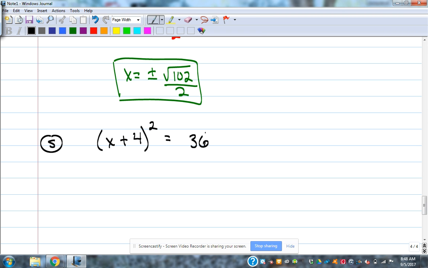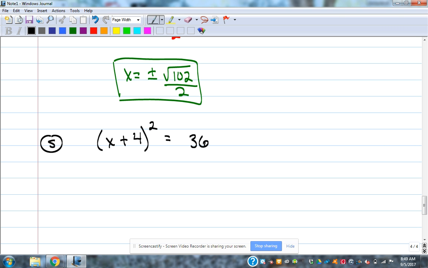X plus 4, quantity squared, is equal to 36. The key here is, is the square part by itself? No. What's squared? The parentheses. Is that parentheses by itself? There's nothing else on that side? No, there's nothing else on that side.